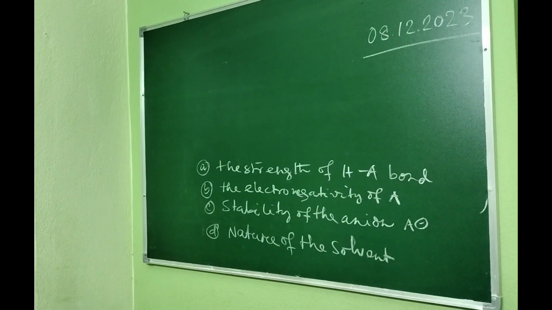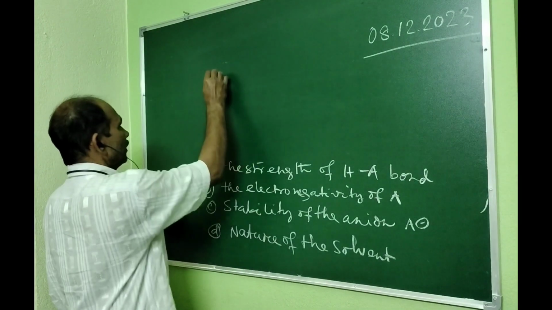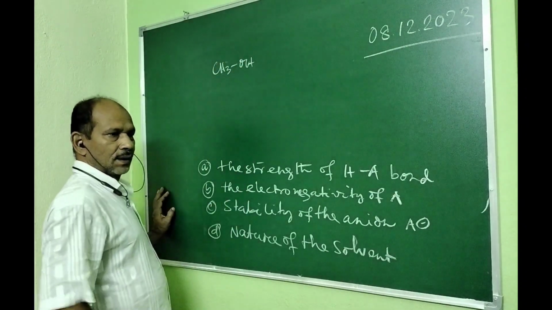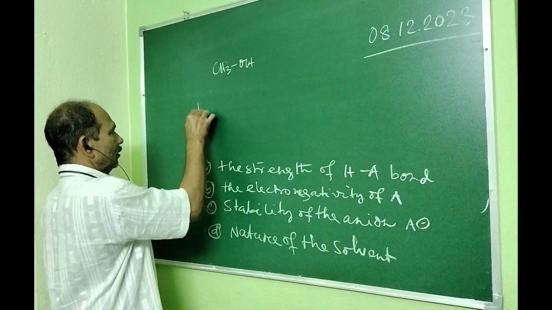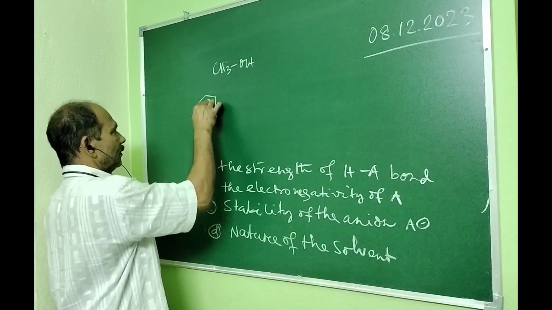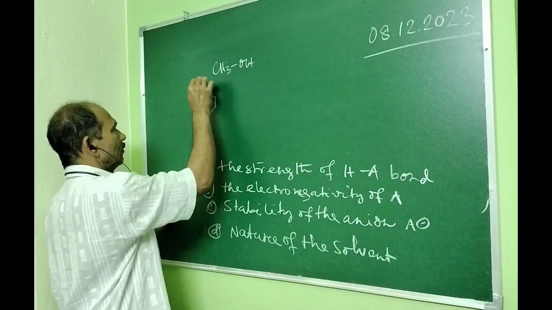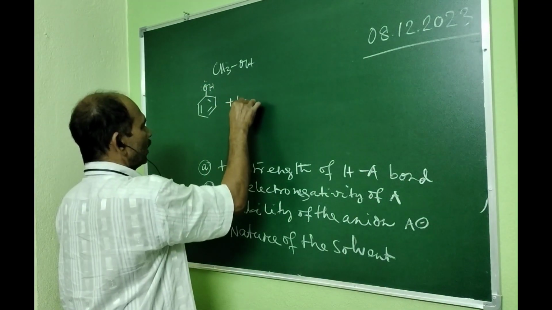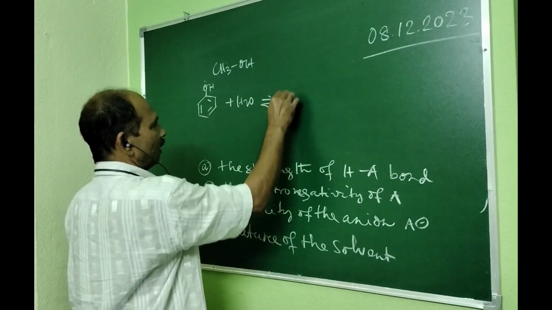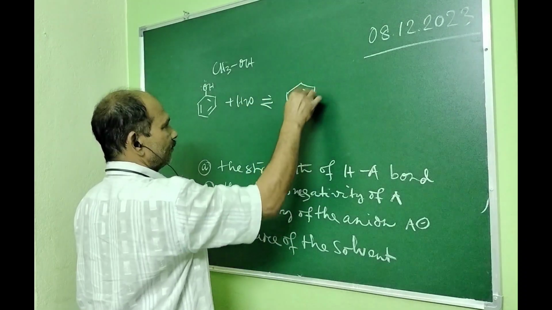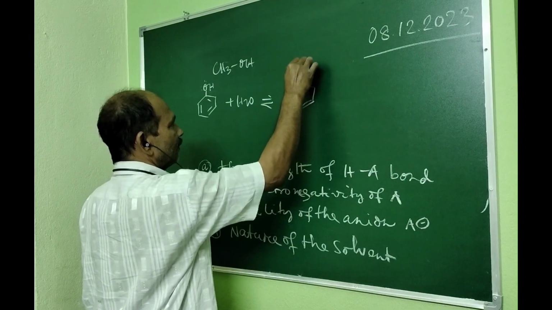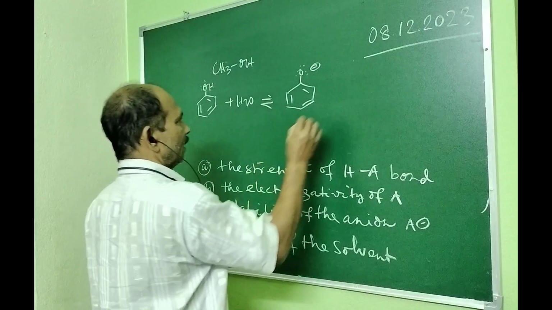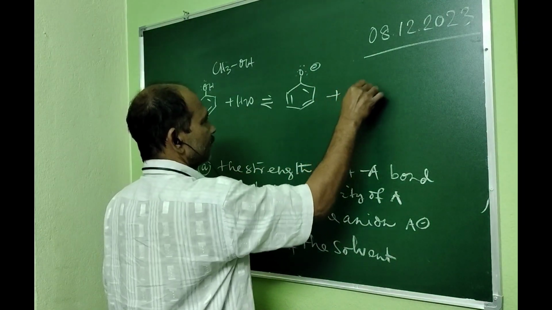If we compare the acidity of alcohol with phenol, suppose this is methanol and this is phenol. You see, when phenol is dissolved in water, you get phenoxide ion and H3O plus.